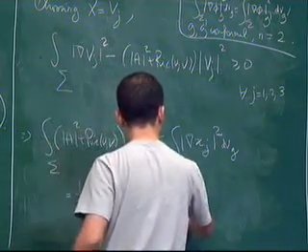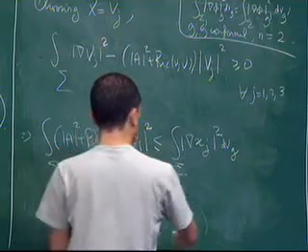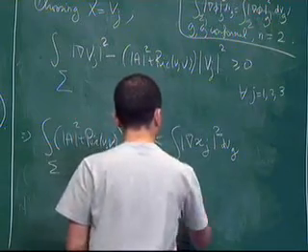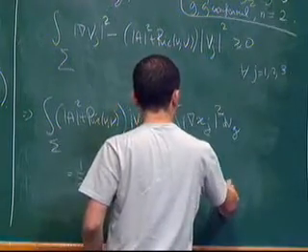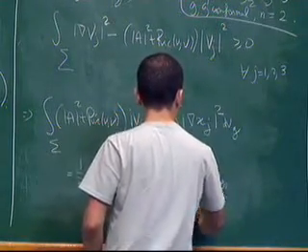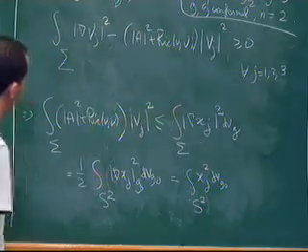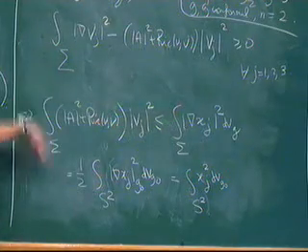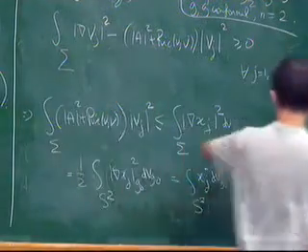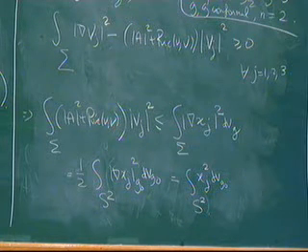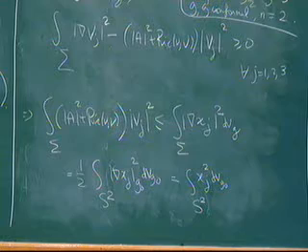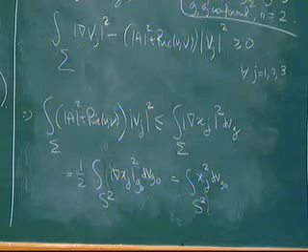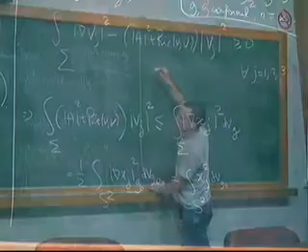It's easy to see that this is going to be equal to the integral of xj squared. Now I just take the sum as j goes from 1 to 3.